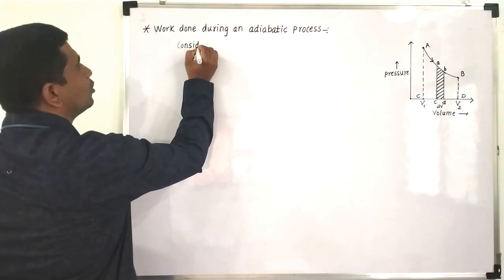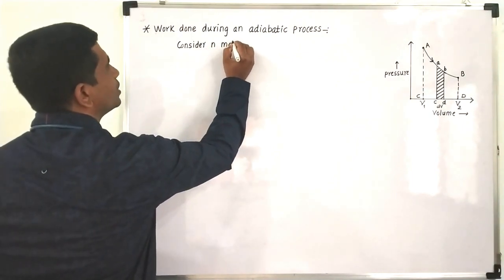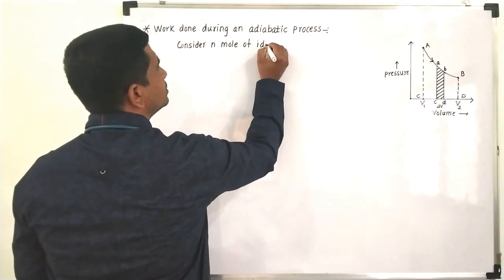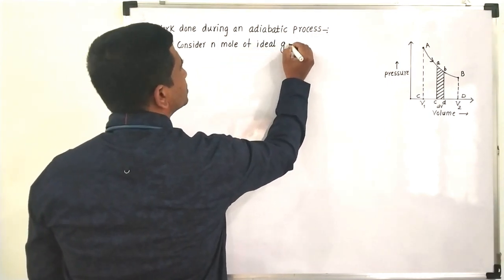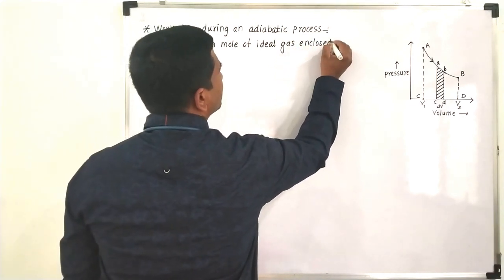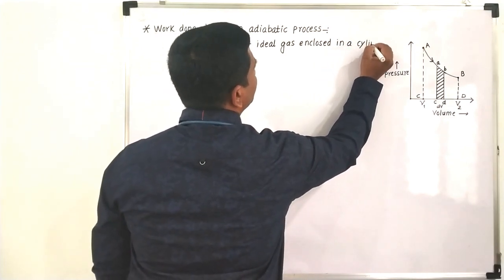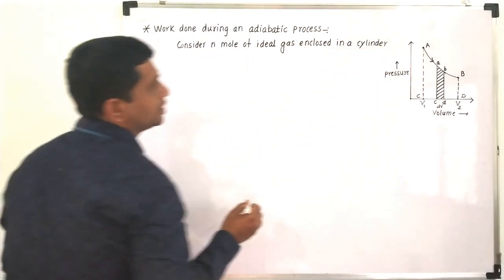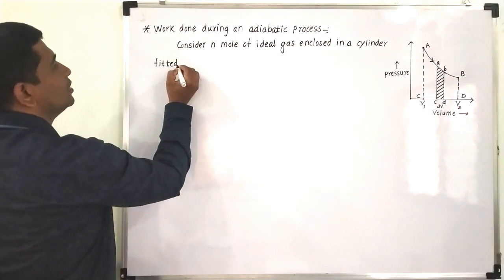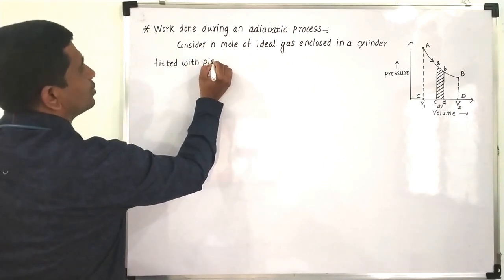Consider n mole of ideal gas enclosed in a cylinder fitted with a non-conducting piston.